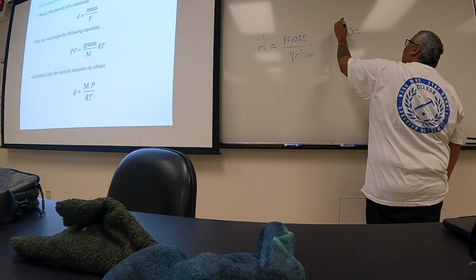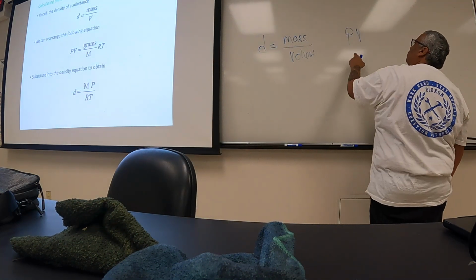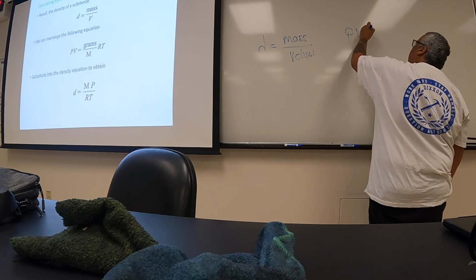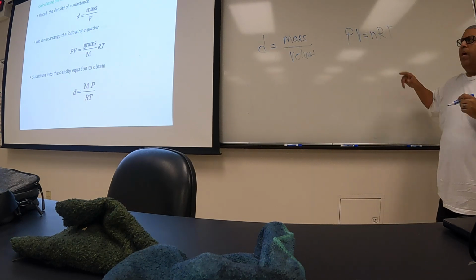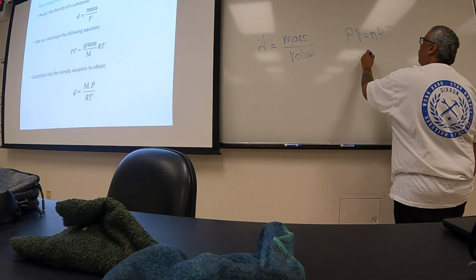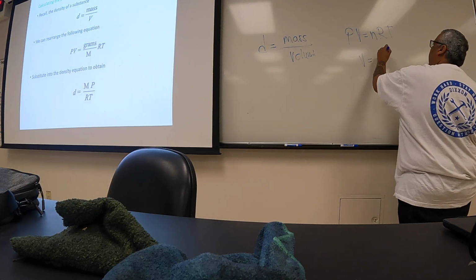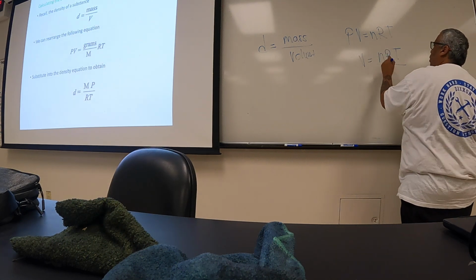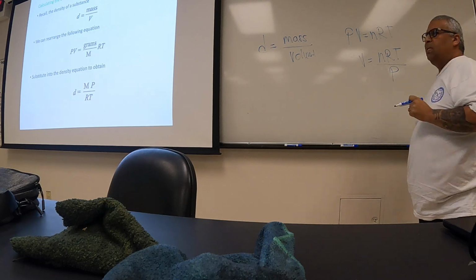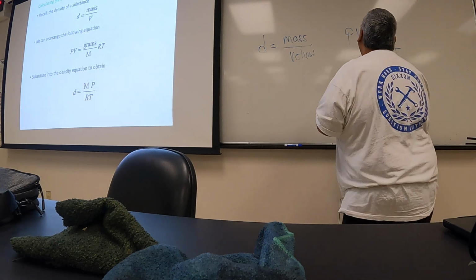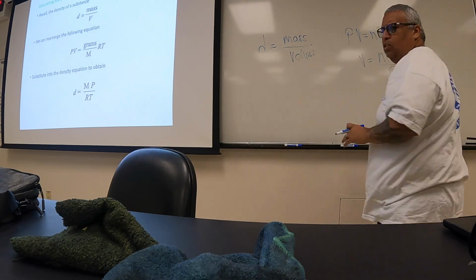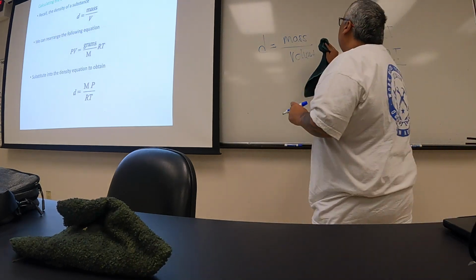And from our ideal gas law, we know that pressure, right, PV equals nRT. Well, I'm going to rearrange this really quick, and I'm going to say volume is equal to nRT over P. All right? And I'm going to use some initials over here. I'm going to erase the mass over volume. I'm just going to put M over V.